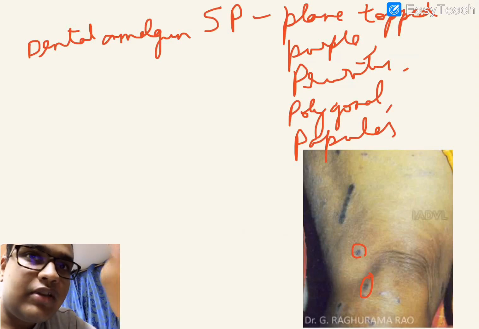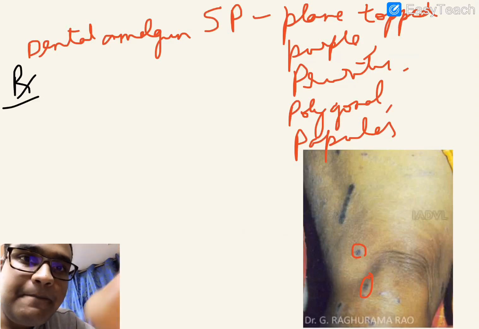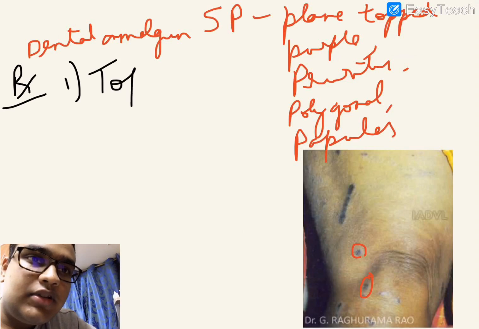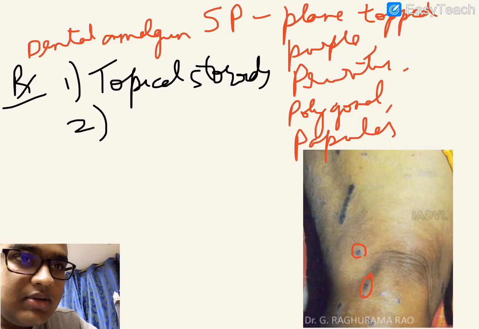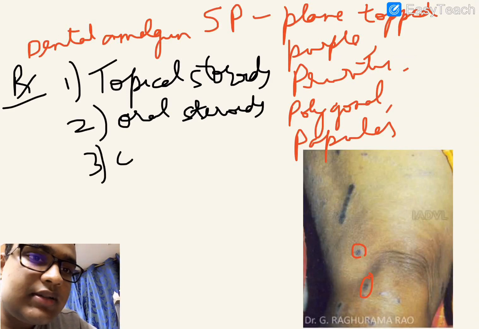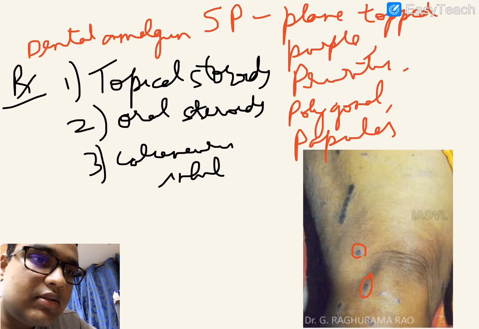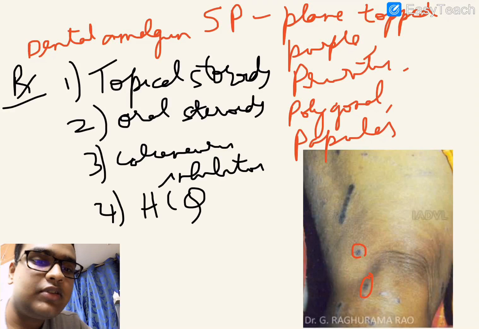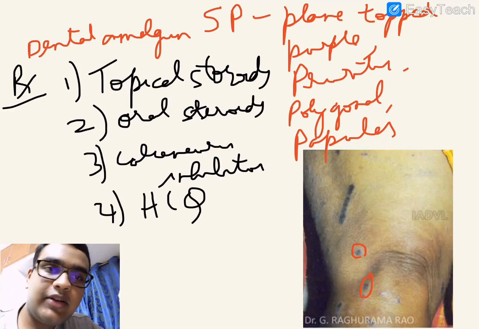So coming to the treatment of lichen planus, the treatment involves topical steroids, and oral steroids if very severe. There are also newer drugs such as calcineurin inhibitors, and hydroxychloroquine can also be used, because all these have anti-inflammatory properties.